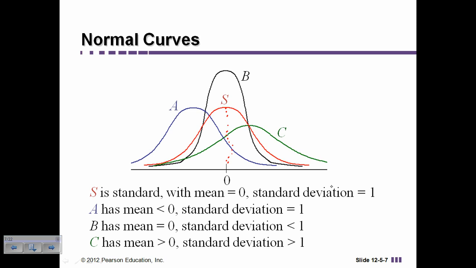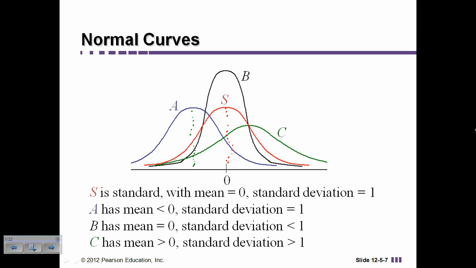The standard deviation is 1, so it's evenly distributed on either side. Whereas for A, the mean is over here, less than 0, and the standard deviation is fairly spread out.